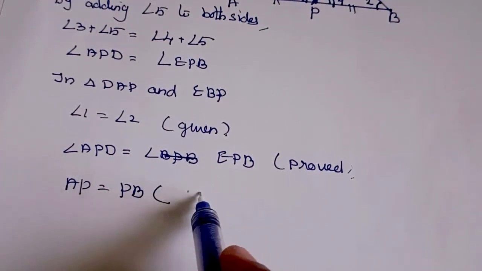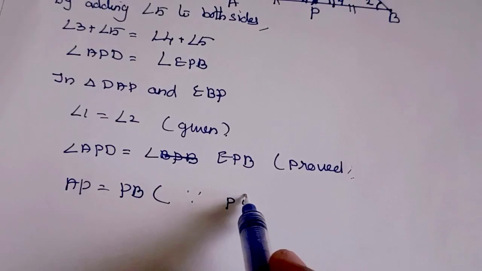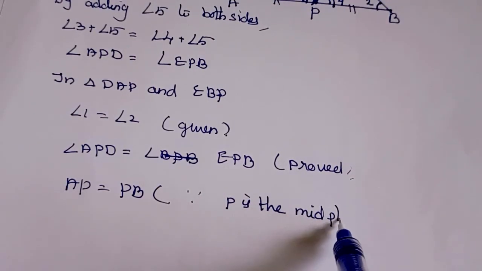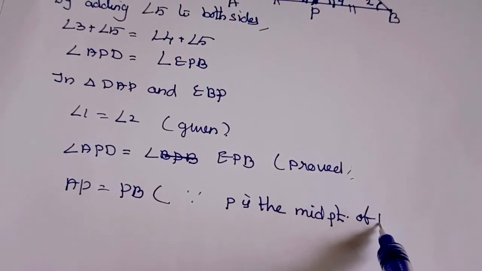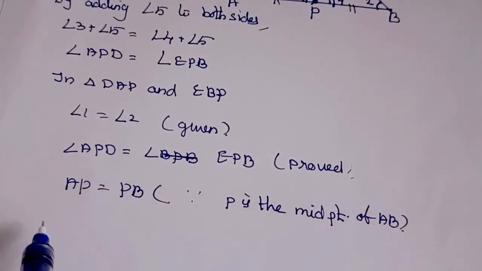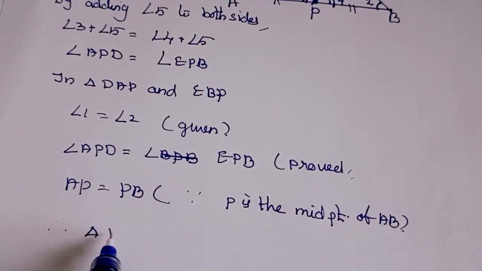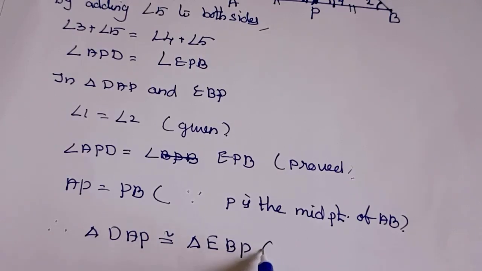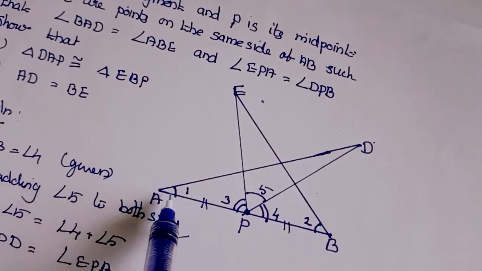Or we can write, since P is the midpoint of line segment AB. Therefore, we get triangle DAP congruent to triangle EBP, reason two angles, isn't it?